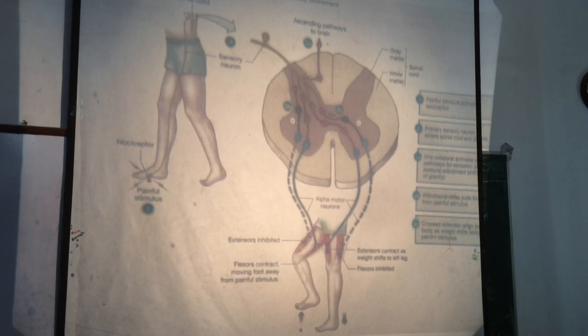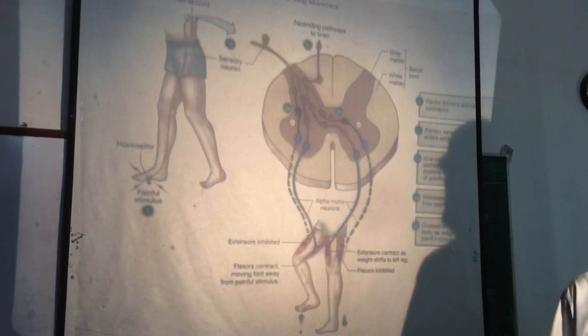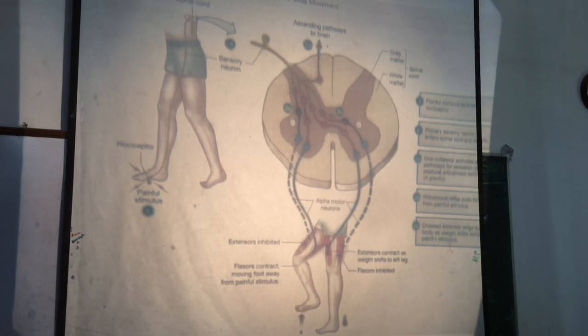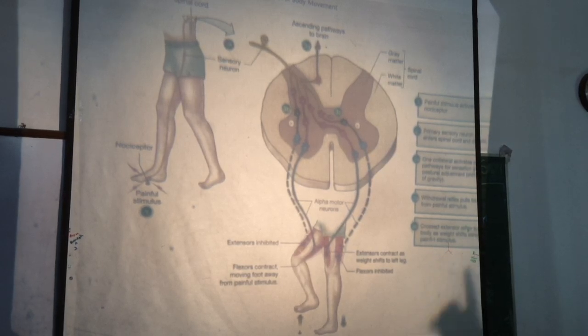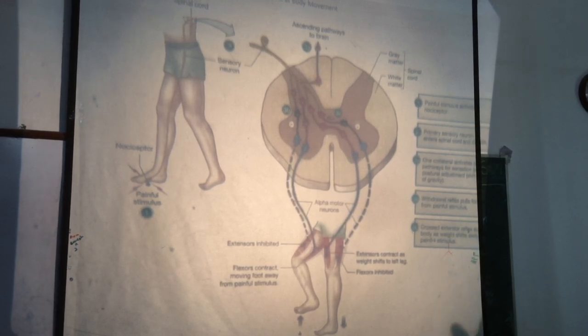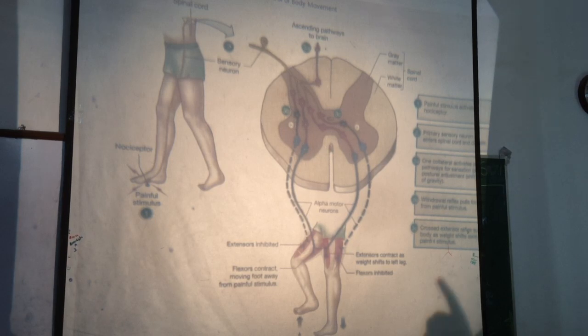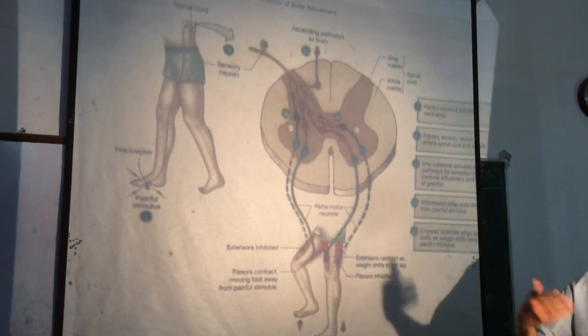The other property of the reflex action is reciprocal inhibition and reciprocal innervation. We know that for a reflex action, when agonists contract, antagonists must relax.